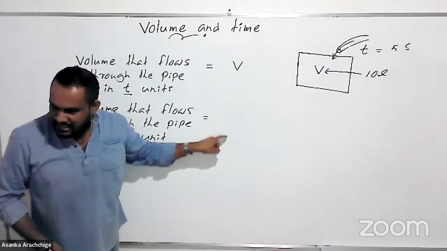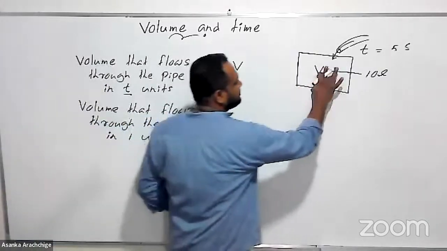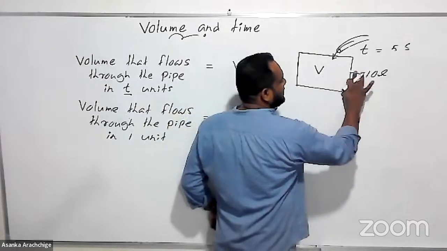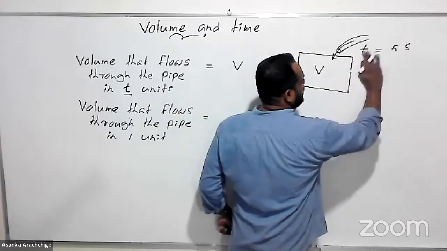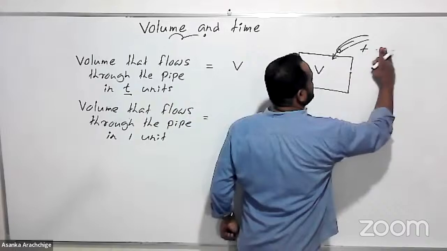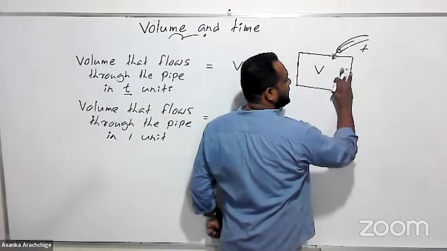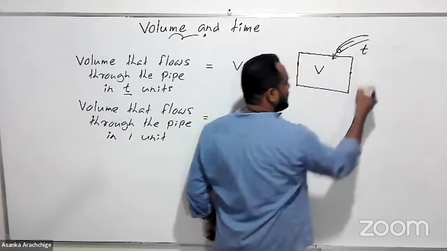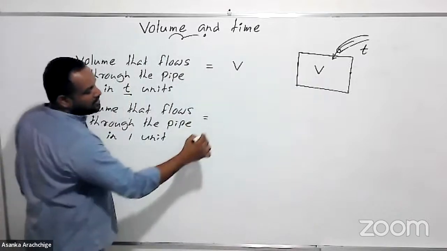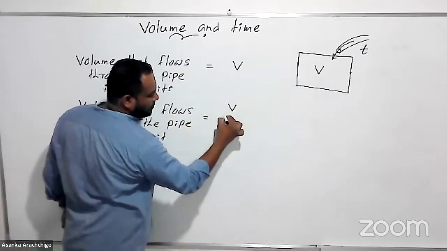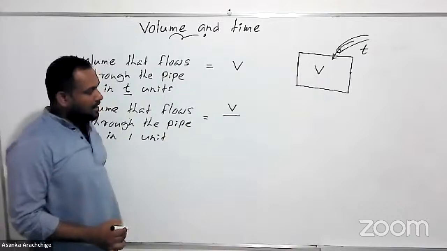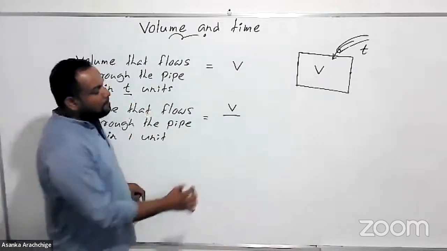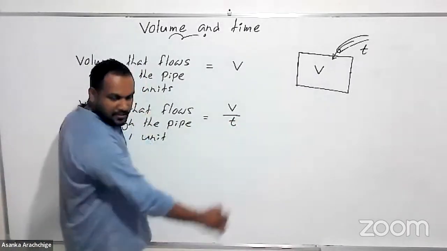That is the way. To find the volume that flows through the pipe in 1 unit of time, you have to divide the total volume that flows through the pipe in T units by the time taken.